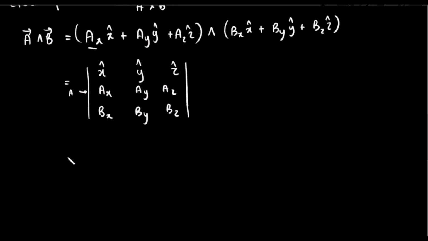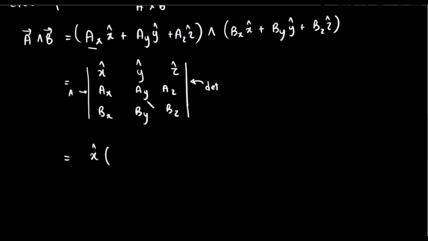Right now we can derive an expression from this matrix. Actually, this is the determinant of this matrix. By calculating the determinant of this matrix, we have an expression for a cross b, that is the cross product of two vectors. I'm going to do this for you. First we have to write x hat.